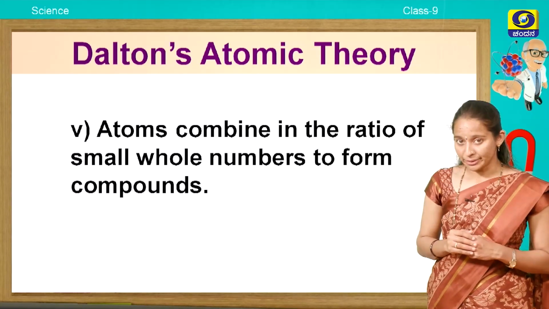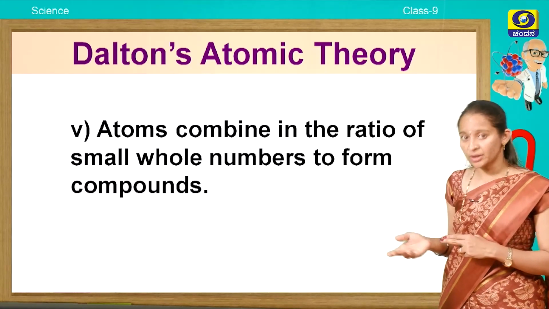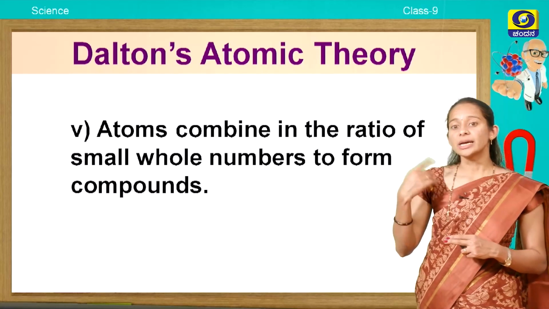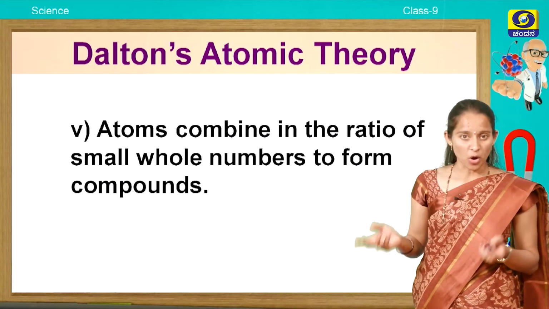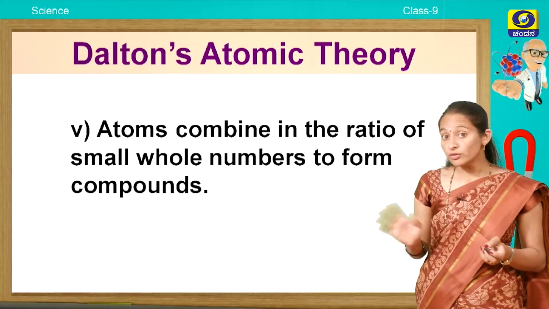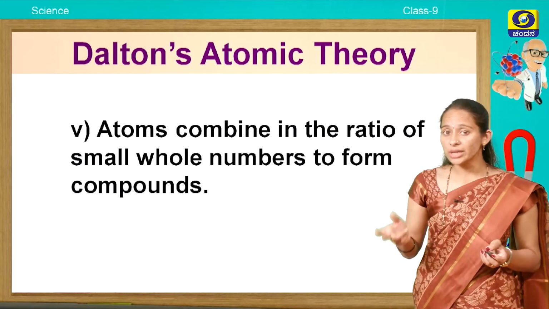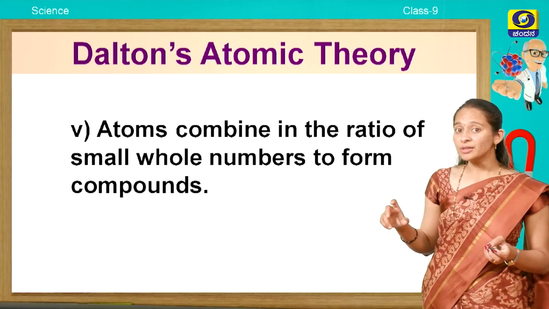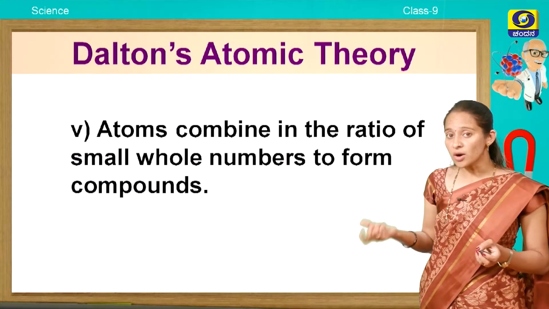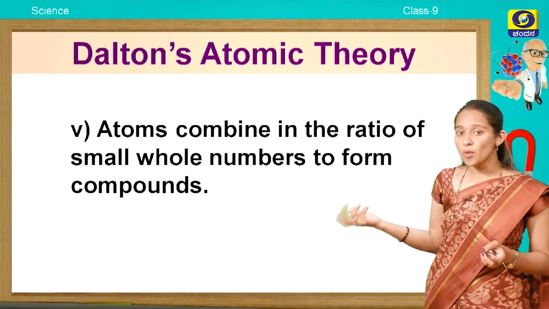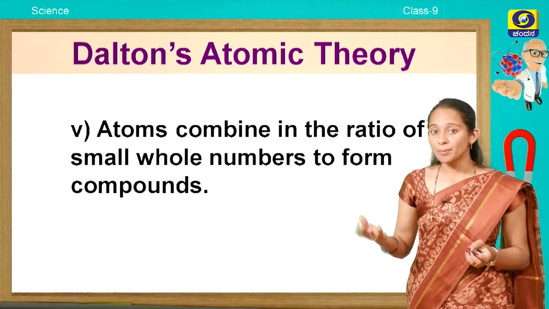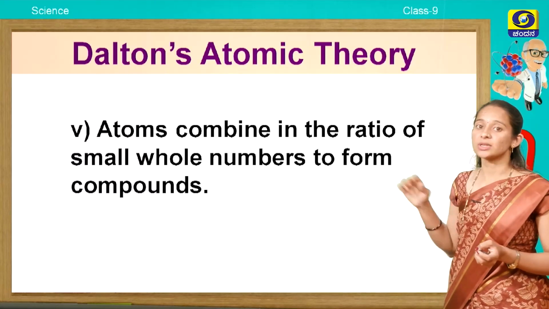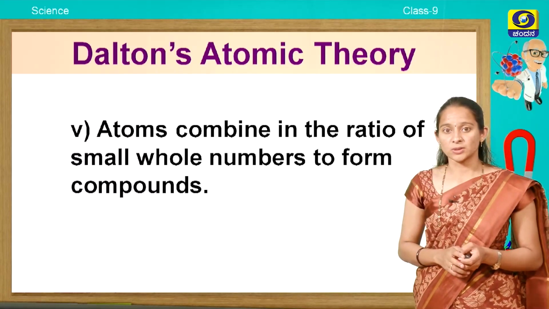For example, in the case of water, two hydrogen atoms combine with one oxygen atom to form a water molecule. We won't find half a hydrogen atom combining with 1/4 of an oxygen atom to form a water molecule, right? Always atoms combine in whole numbers to form compounds.